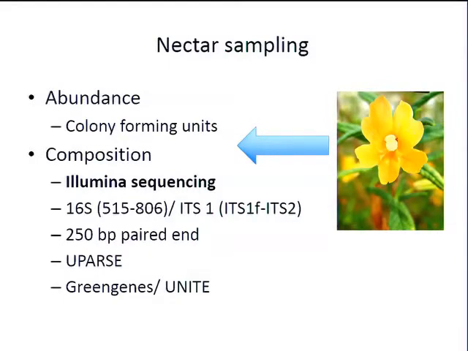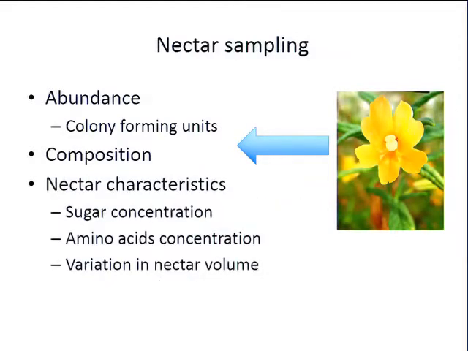I won't have time to talk about the fungal results, I'm really sorry, but I'll just talk about the bacterial community data today. We also characterized a number of the characteristics of the nectar environment, including the sugar concentration, the concentration of amino acids, and the variation in nectar volume, as that might be some sort of measure of the harshness of that particular environment.